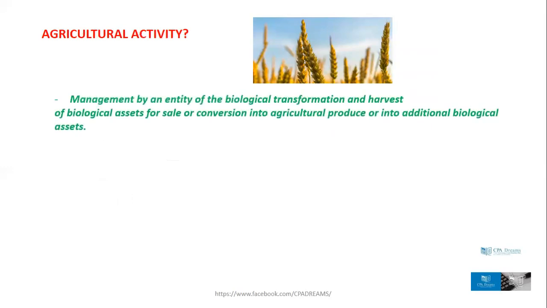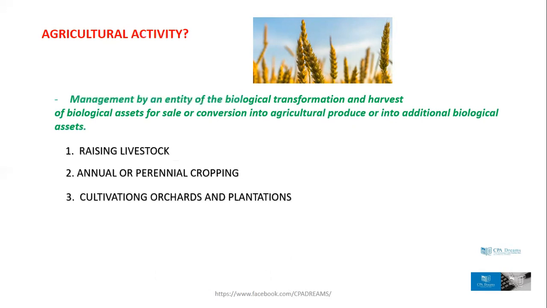This means management by an entity of the biological transformation and harvest of biological assets for sale or conversion into agricultural produce or into additional biological assets. Samples are raising livestock, annual or perennial cropping, cultivation of orchards and plantations, floriculture, and aquaculture, which includes fish farming. So these are samples of agricultural activities.